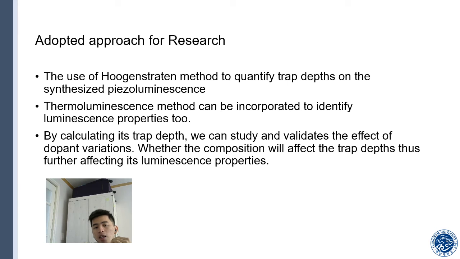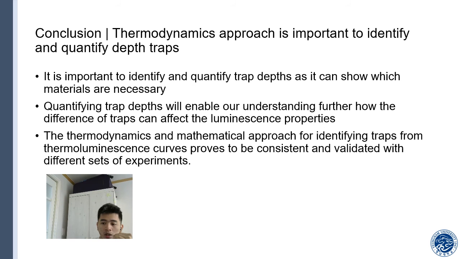And by calculating the trap depth, we can study and validate the effect of dopant variations. We can use different dopants and experiment on how these dopants create this much depth in the trap depth and so on. In conclusion, this thermodynamics approach is important to identify and quantify trap depths.